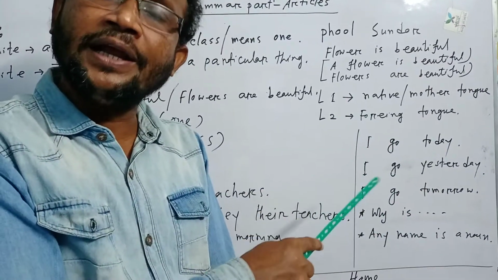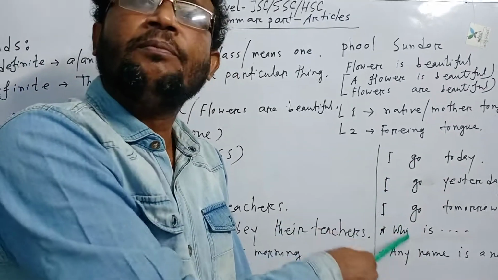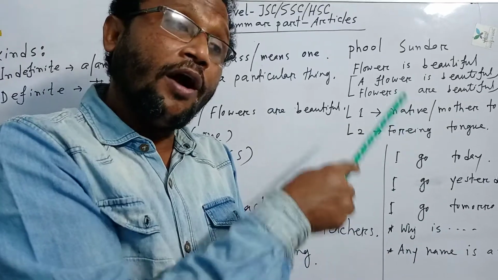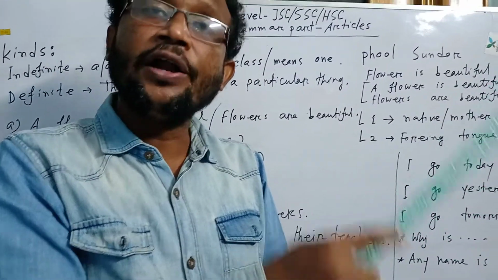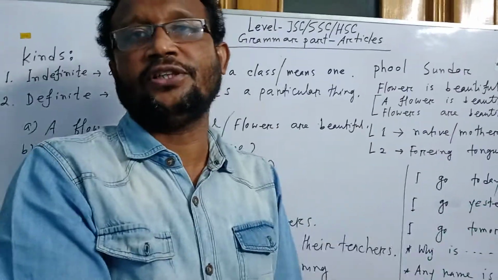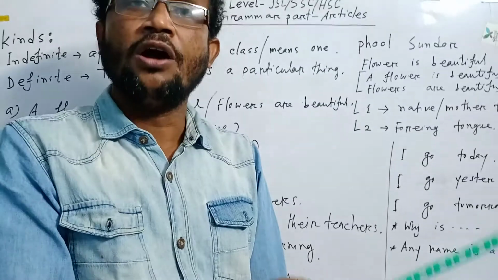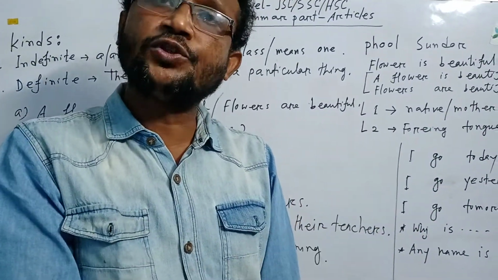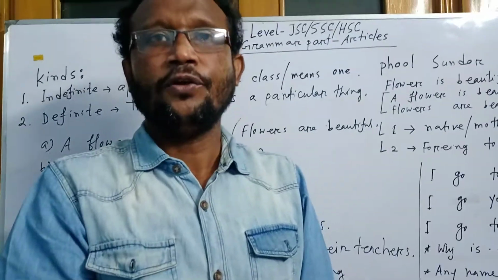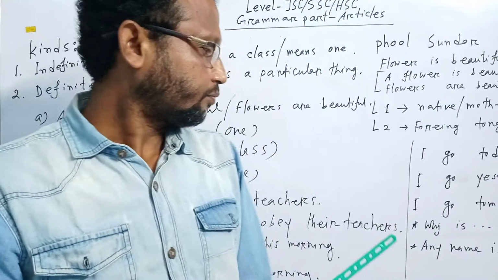But that doesn't bring any change in the verb pattern. So whenever a similar case happens with Bengali learners, when they are going to use articles, it poses them in confusion whether they have to use articles or omit articles. So in my today's class, I want to eradicate all sorts of problems.